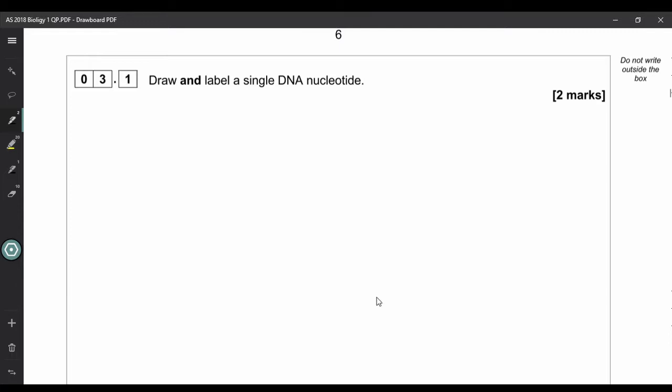So question 3, draw and label a single strand of DNA nucleotide. Now, the drawing for this is actually in the specification, and my advice is always go through the specification, and any place where it says the student should know this, so whether it be a definition or a diagram or some information, learn it, because they're going to come up in the exam.